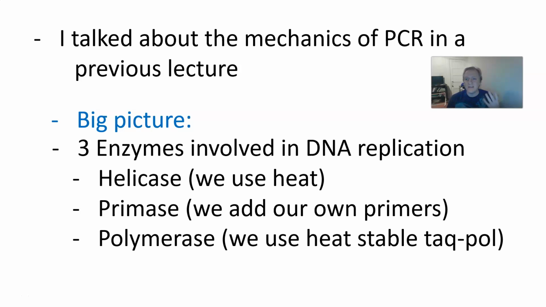And there are three main enzymes. There are more enzymes in this, but there are three main enzymes that we discussed when replicating DNA. There's the helicase enzyme, there is the primase enzyme, and there is the polymerase enzyme.